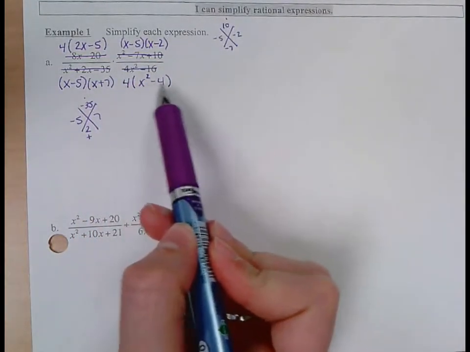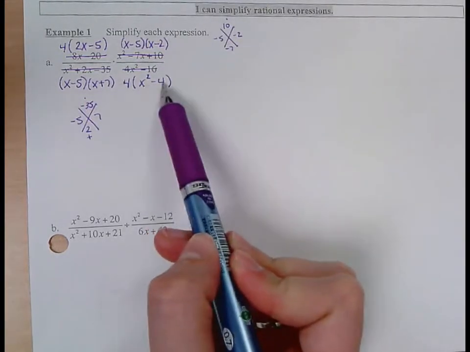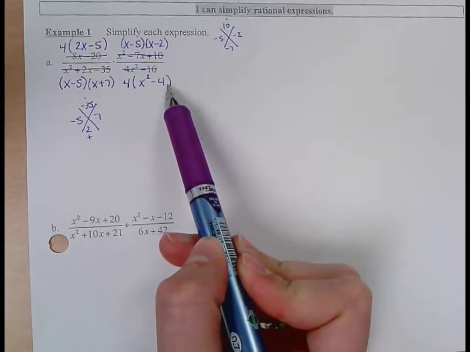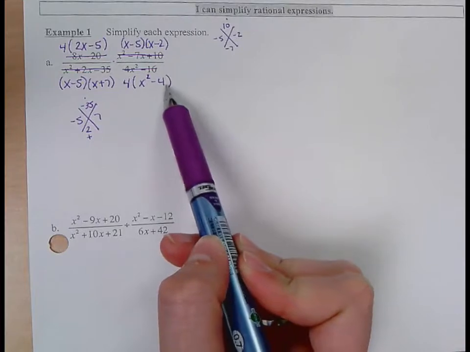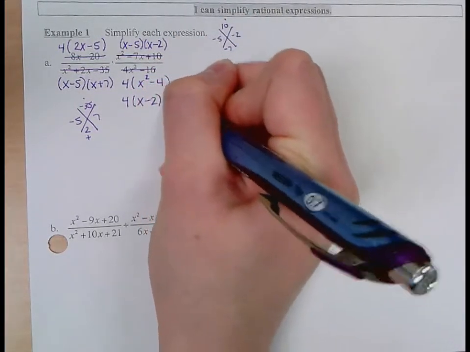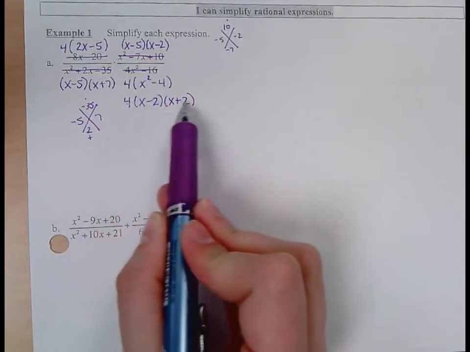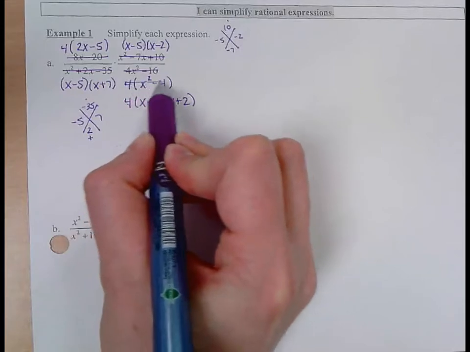But then I can factor x squared minus 4. What would this be in factored form? X minus 2 and x plus 2. Yes, it's a difference of squares. So it's x minus 2 times x plus 2. This would be the fully factored form down here.